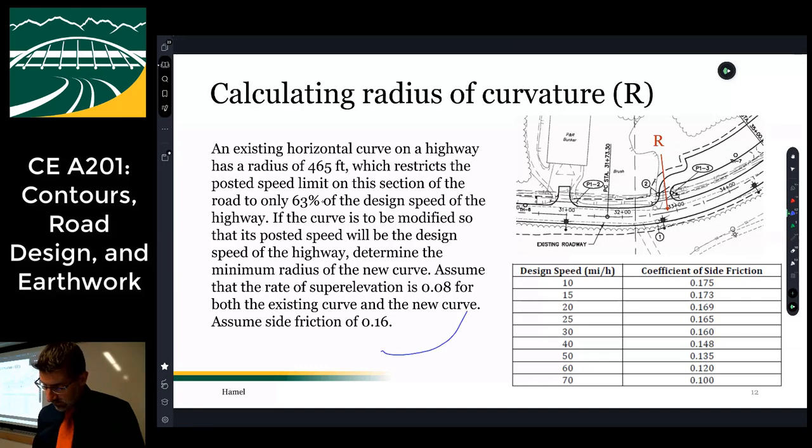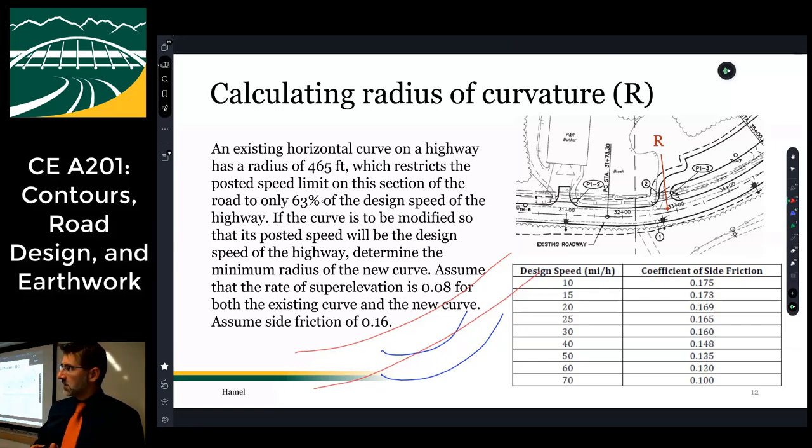Essentially, if you have a tight curve, and you see this all the time in highway jobs, if you want to make the road faster, you need to make the curve have a bigger radius, right? So it'll look like that. And you see this all the time where they're cutting out a hill or removing a house or doing something to basically make the curve less aggressive or less curvy, if you will.